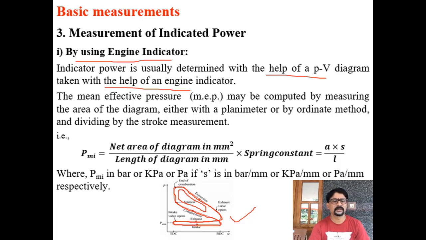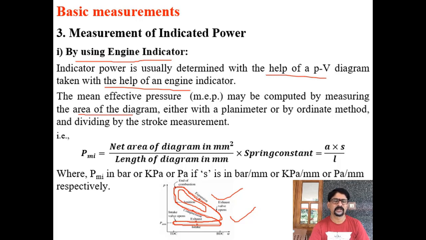For that, this indicator diagram is used to measure the mean effective pressure. Mean effective pressure is nothing but the hypothetical pressure acting on the piston during the power stroke as well as the compression stroke. So the average pressure is the mean effective pressure. It is computed by measuring the area of the diagram.